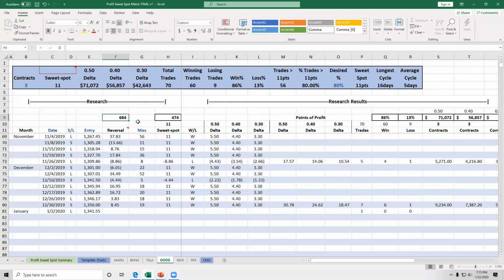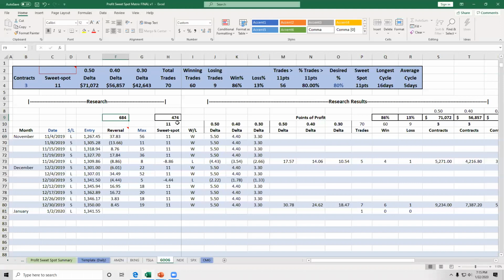On the entire look back period since January 2019, in this case of Google, the 684 is saying that if you held every position until its natural reversal, so if you bought a put on a cross down and held that put until the Cycle Finder Plus crossed up, you would have accumulated over the course of that time, since January 1st of 2019, 684 points of profit.